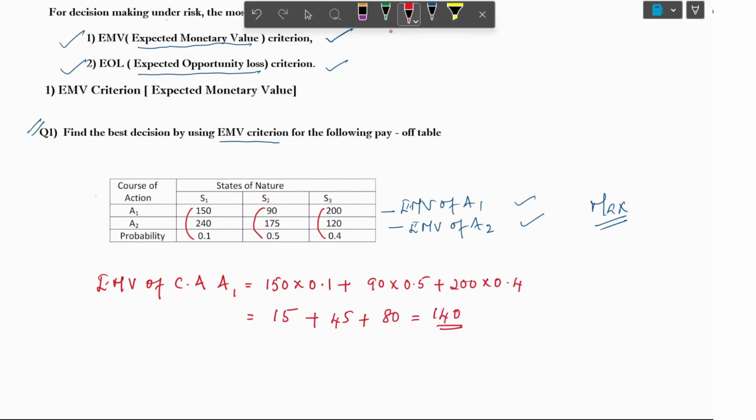Now second step, you need to calculate the EMV, that is expected monetary value, of the course of action A2. How do you calculate? A2 values are 240, 175 and 120.